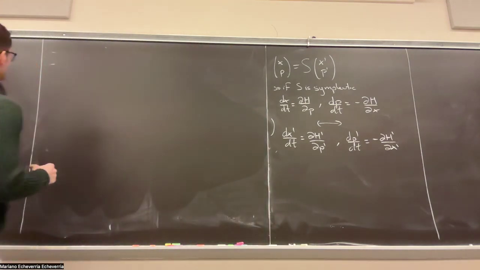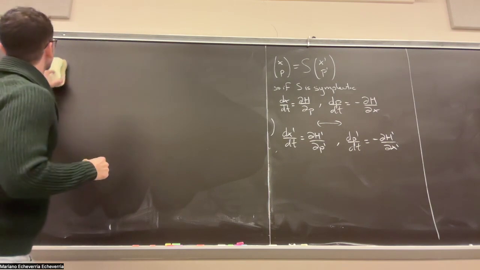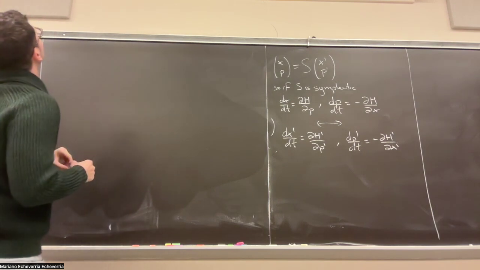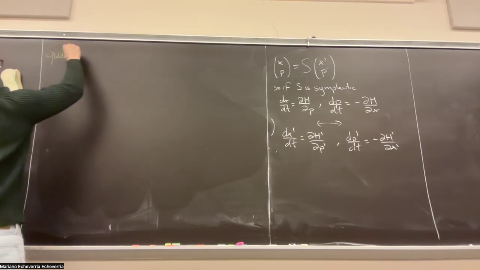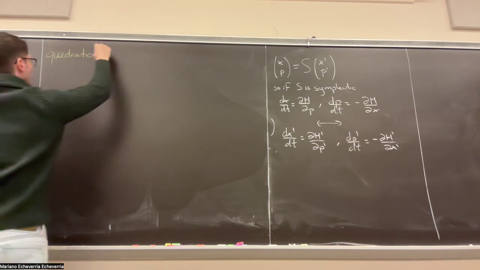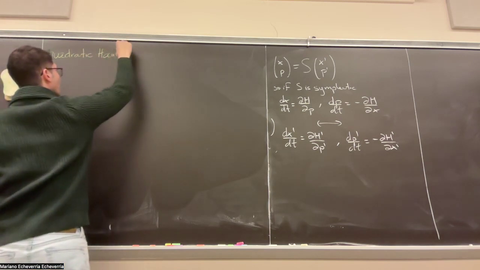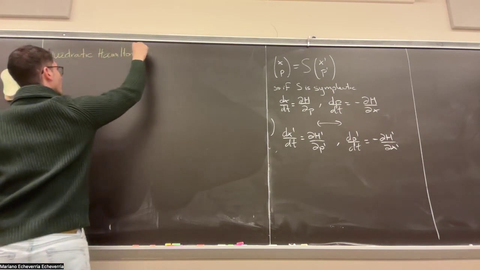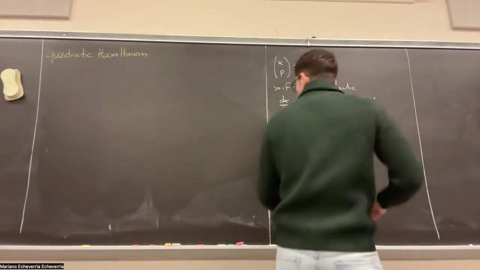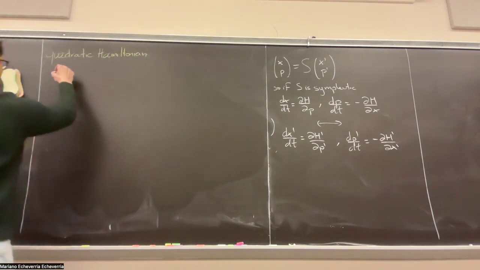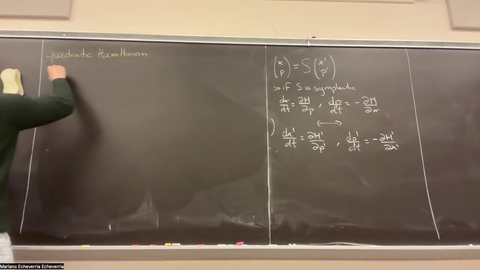So here's a quadratic Hamiltonian. Think of this as a function of x and p.